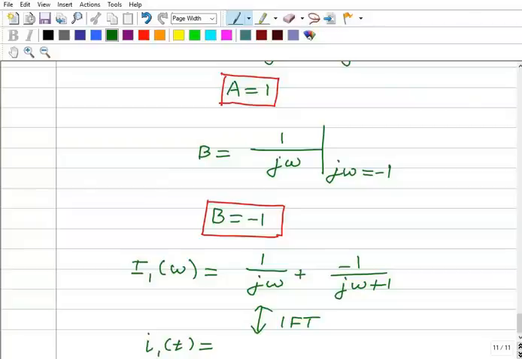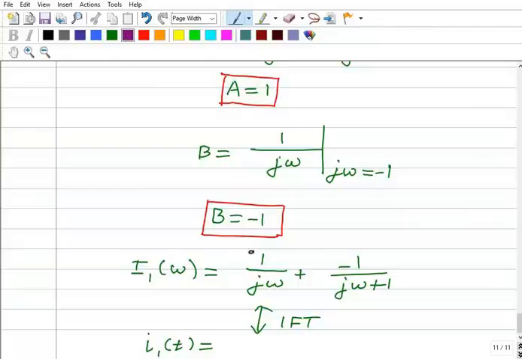U of t, is it only 1 over j omega? Other than that, additionally there is pi into delta omega, some other terms are there. What is the Fourier transform of sgn t, the signum function? Sgn t is 2 by j omega. So, can we use that result here?